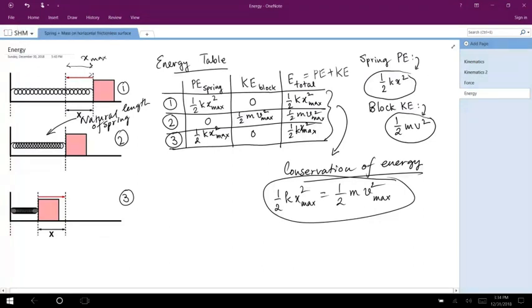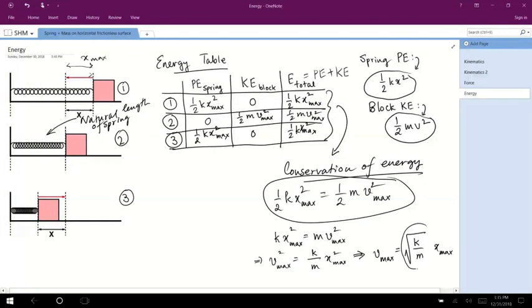We can first get rid of the 2's from both sides of this equation, and so that will give us K times x max squared is equal to m times V max squared. And then I can rearrange this equation and write V max squared is equal to K over m times x max squared. And finally, if I take a square root of both sides, then I get V max is equal to square root K over m multiplied by x max.